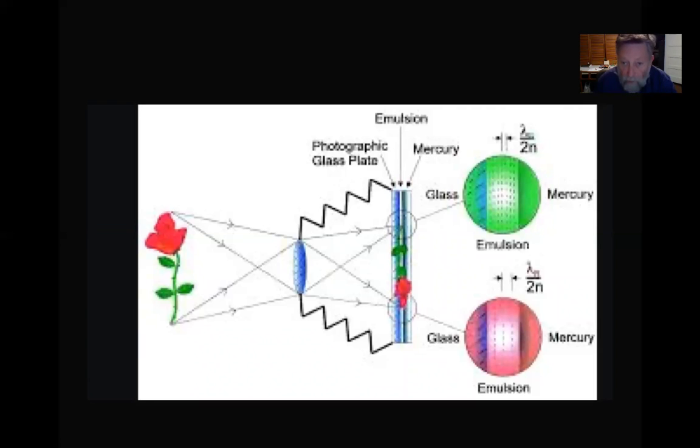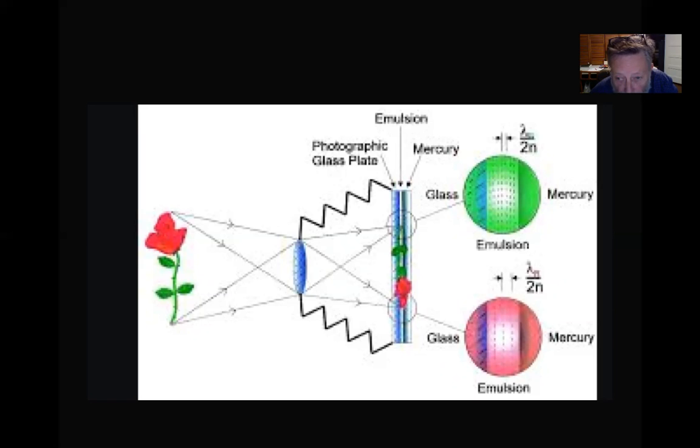You see a mercury mirror on the back, a photographic plate with the emulsion on the inside facing the mercury. A color image is projected, and the color image is exposed on the photographic plate.